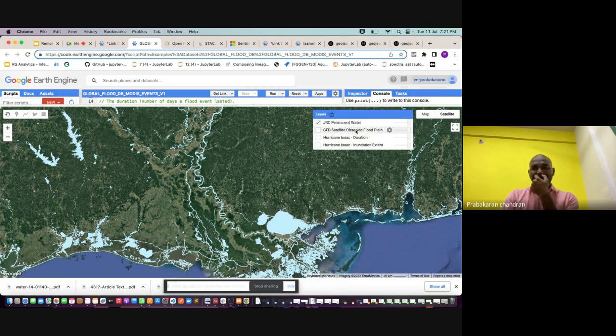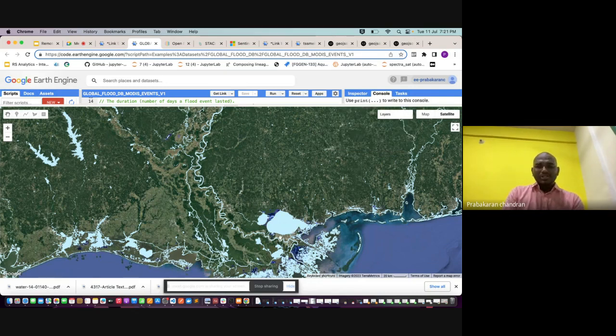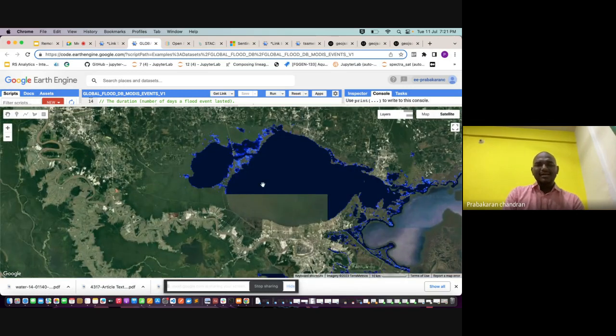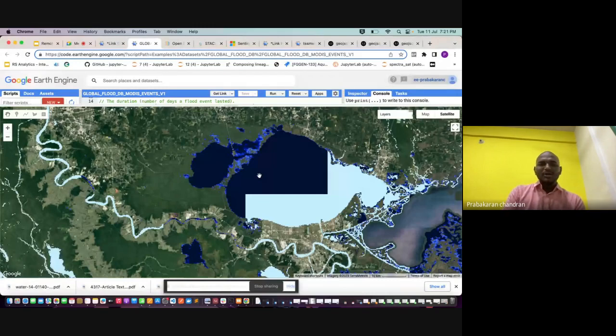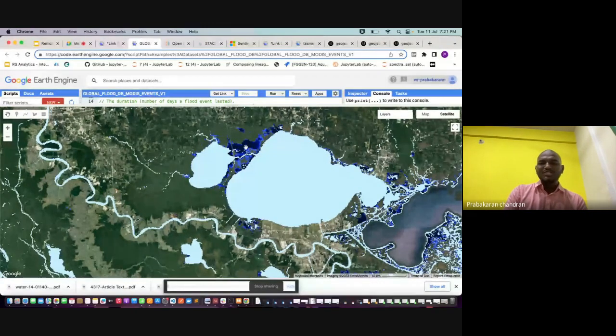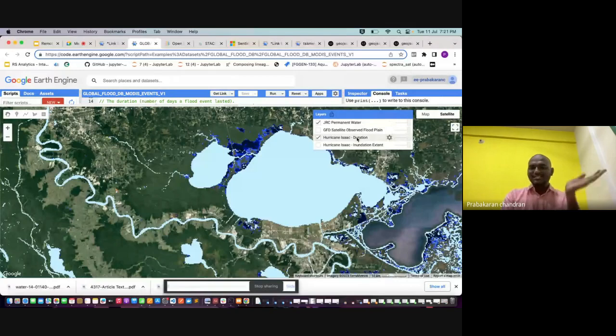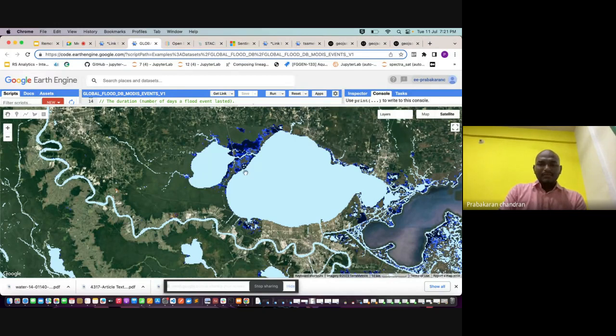So I'm just helping you see, during the cyclone, during the hurricane, where all the excess water is. You can see these bluish colors, the extra flood that happened during the hurricane, and after the hurricane, which is the extension of the hurricane, the aftermath effects.